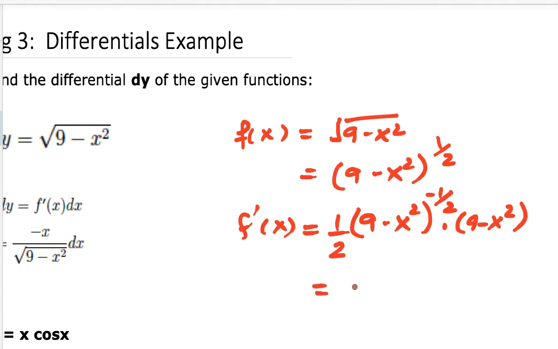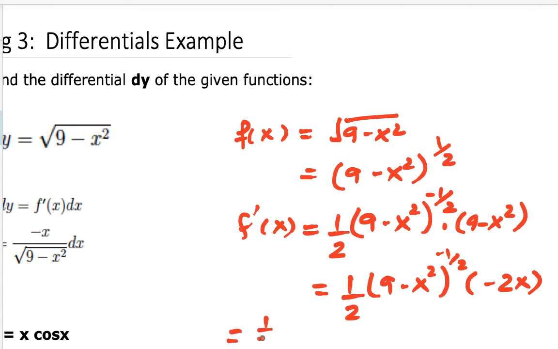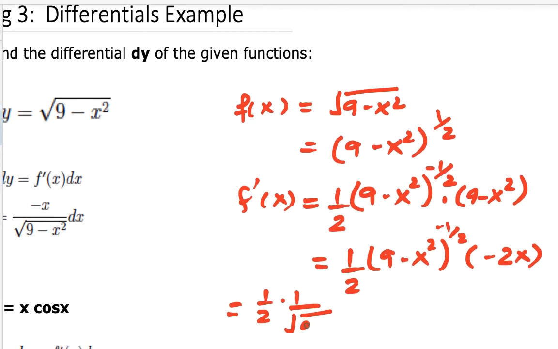So what do we get? Half times 9 minus x squared to the power negative half times minus 2x, which we can write as half times 1 over the square root of 9 minus x squared times minus 2x.